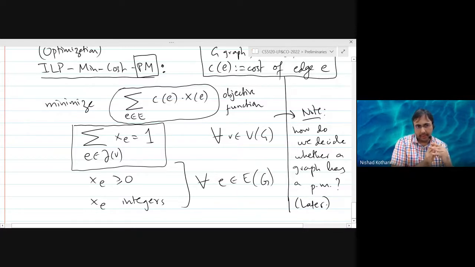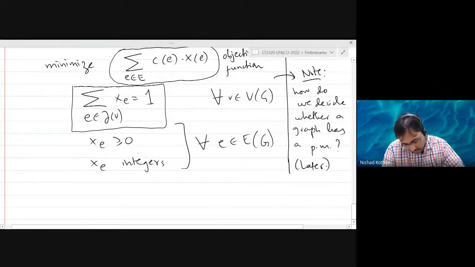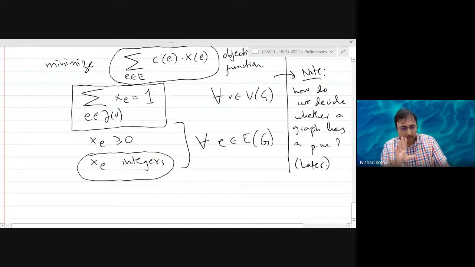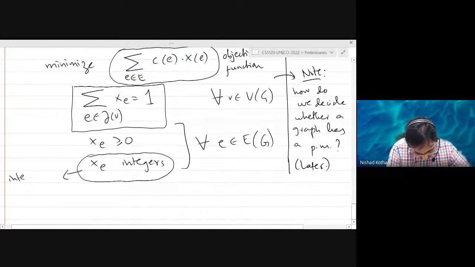Okay. So how do we solve this problem? One way to do that, which we want to explore in this course, is to formulate the minimum cost perfect matching problem as an integer linear program. Then we are going to remove this integrality constraint and consider the linear program without it. These constraints are called integrality constraints.